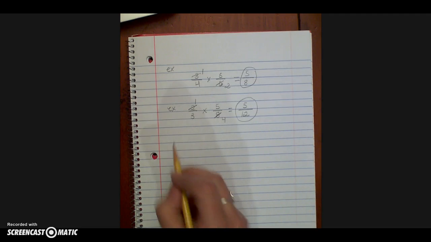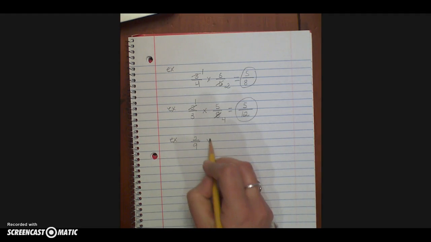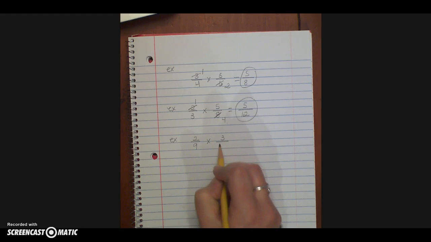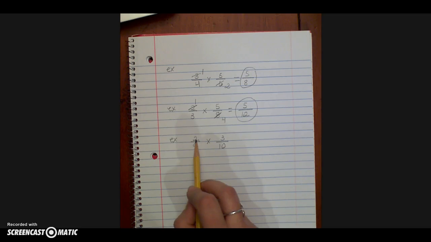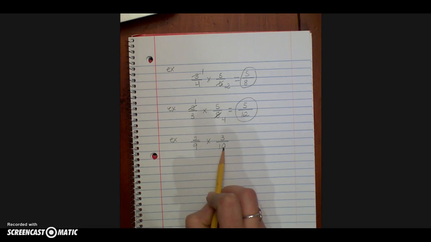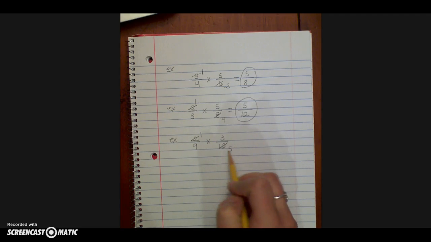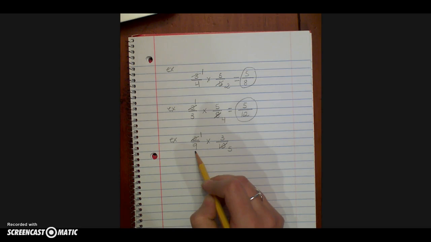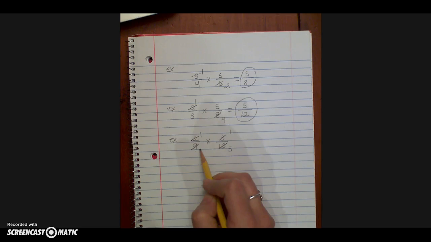Okay, let's do one more example of that. 2/9 times 3/10. This is a great one because as I look, I know that 2 and 10 are both divisible by 2. So 2 divided by 2 is 1, and 10 divided by 2 is 5. 3 and 9 are both divisible by 3. 3 divided by 3 is 1, and 9 divided by 3 is 3.